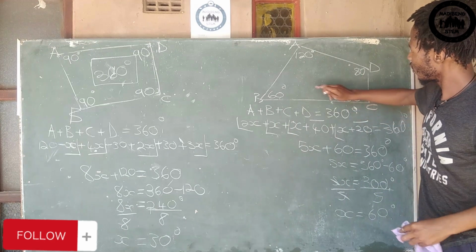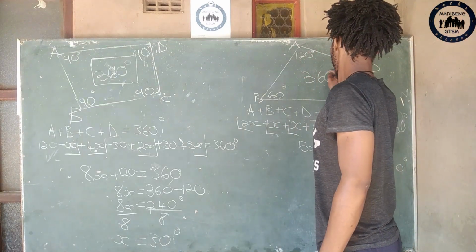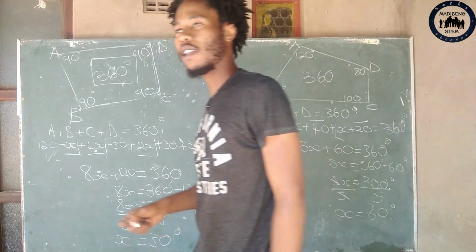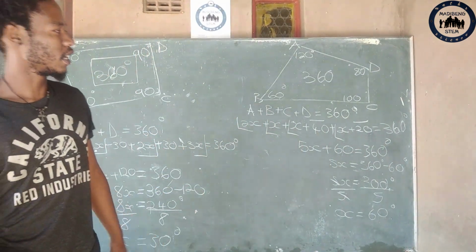It's 180, 180. The sum of this quadrilateral is also equal to 360 degrees.